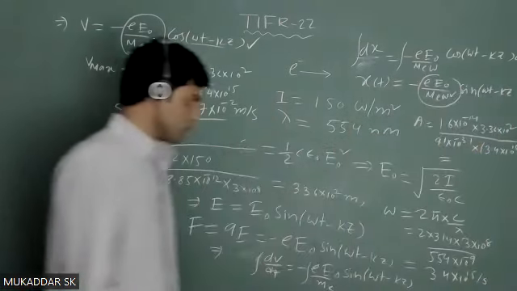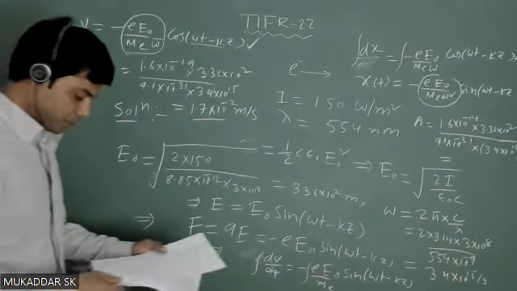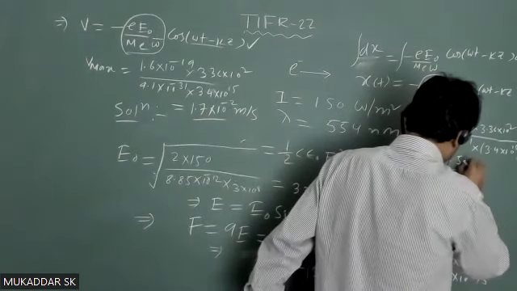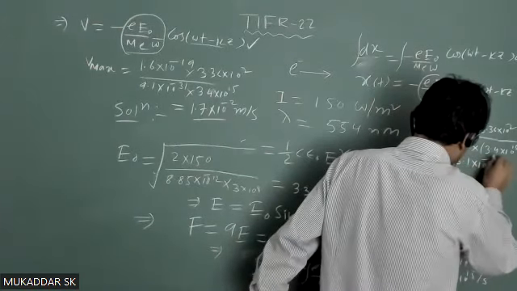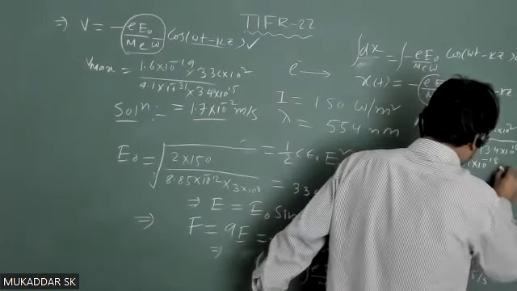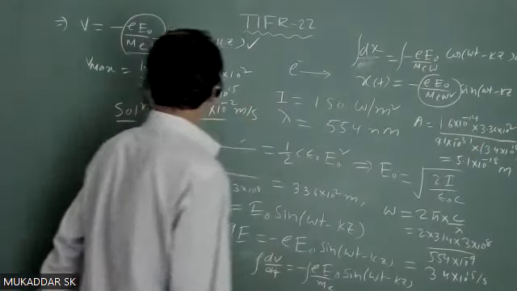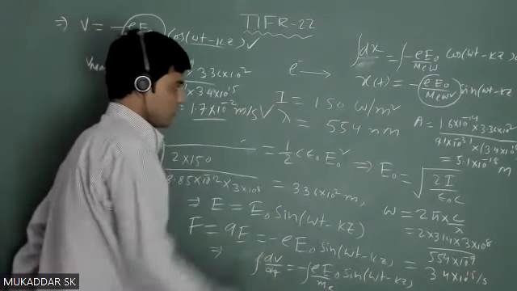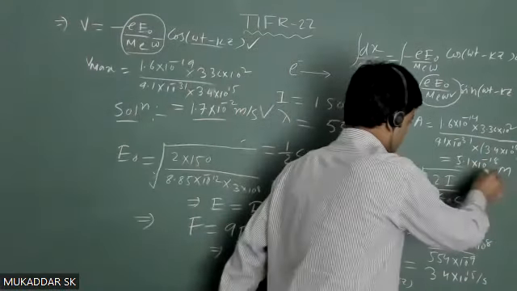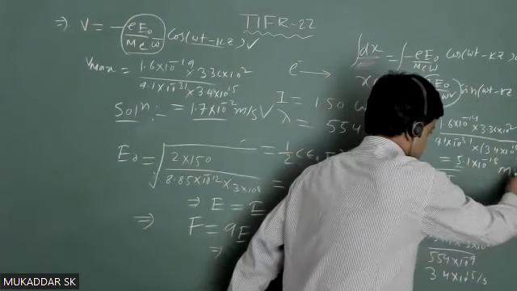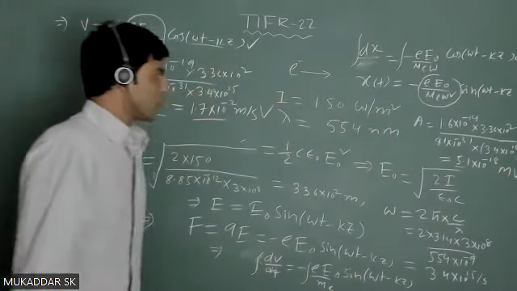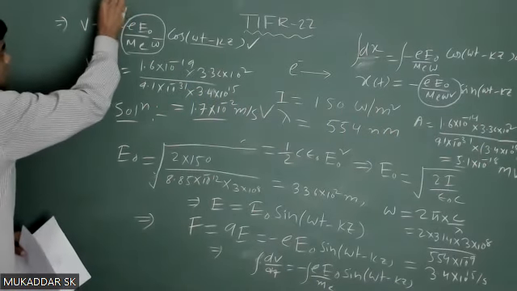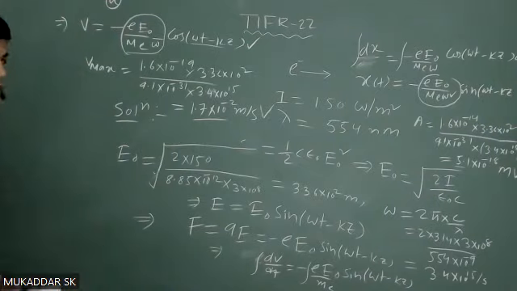If you calculate this value, we'll get 5.1 into 10 to the power minus 18 meter. So the velocity was 1.7 into 10 to the power minus 2 meter per second, and the amplitude is 5.1 into 10 to the power minus 18 meter. According to the given options, the correct option will be yes. Okay, thank you.